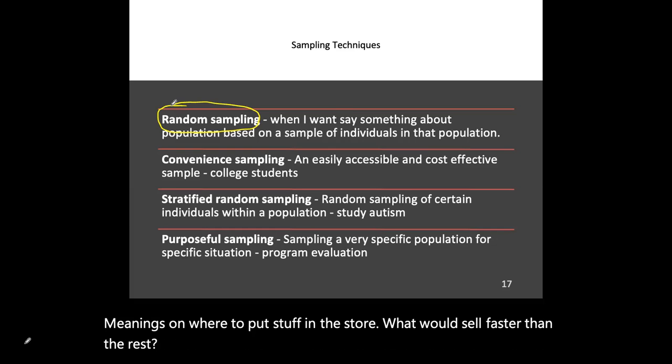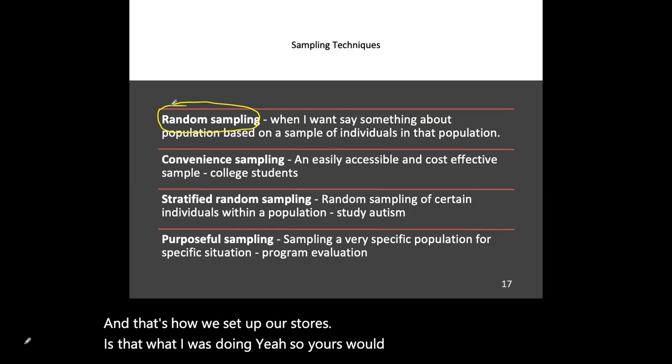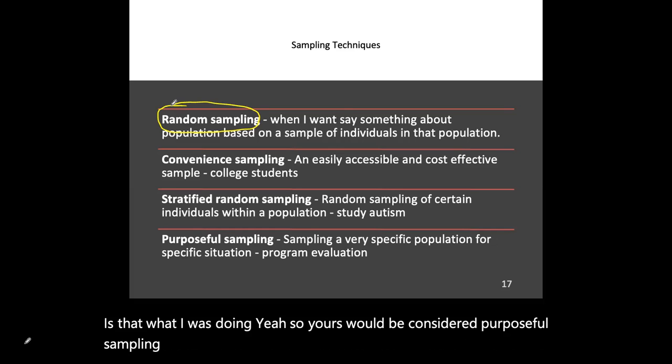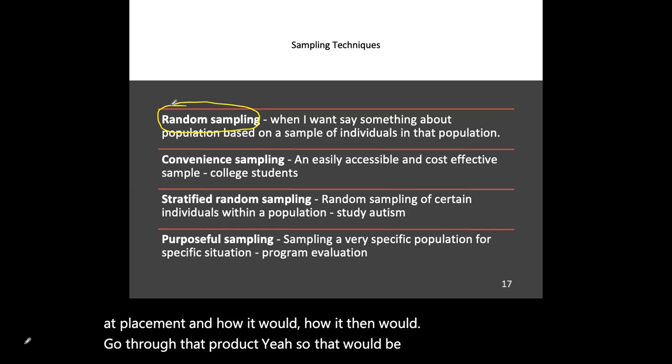And that's how we set up our stores. Is that what I was doing? Yeah, yours would be considered purposeful sampling because you're dealing with a certain thing and you're looking at placement and how it would go through that product. So that would be a good example of purposeful sampling.